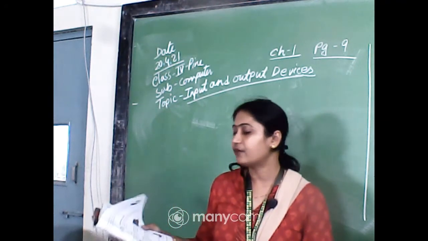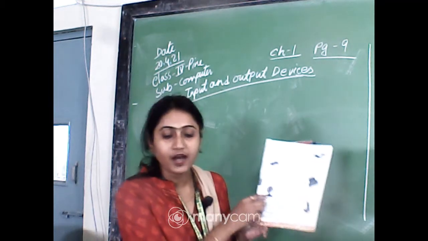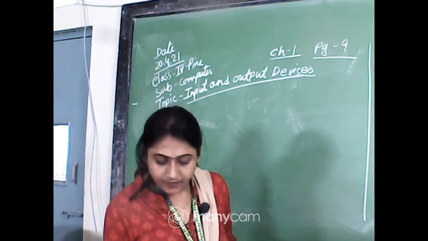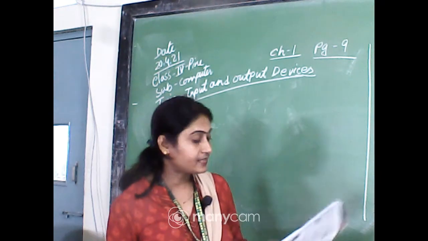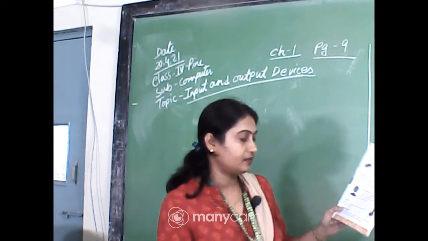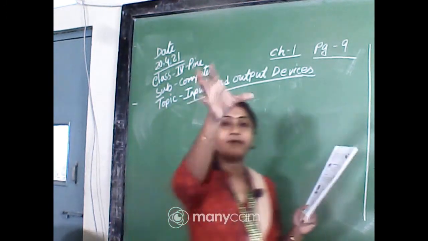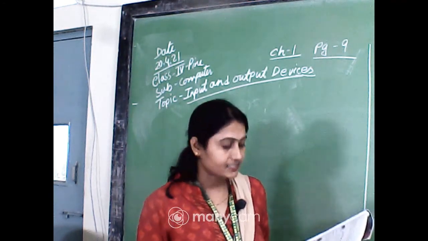Okay, and a web camera. This is a web camera, it is also an input device. A web camera is a camera attached to the computer. Obviously, my camera is also attached to the computer so that you can see.